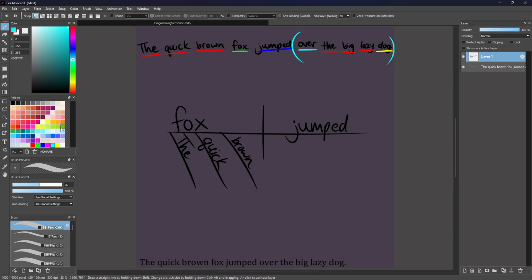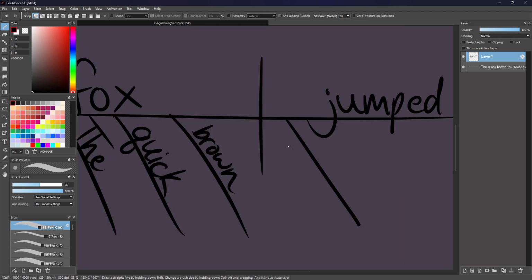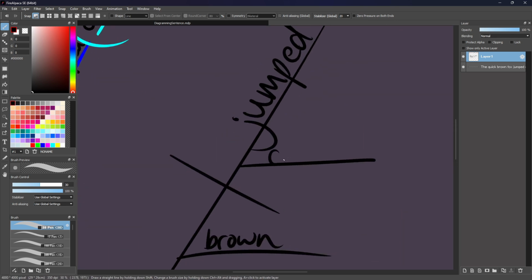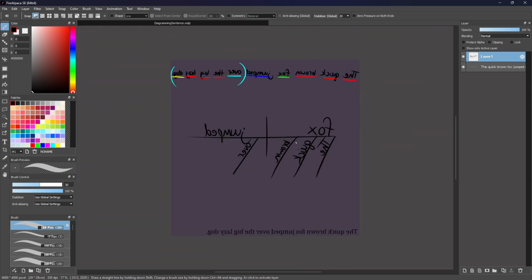The preposition over goes on a diagonal line under jumped because that's the verb that over is describing. So we're going to put over here. But the next word we will actually write is dog, not the big or lazy. Why?